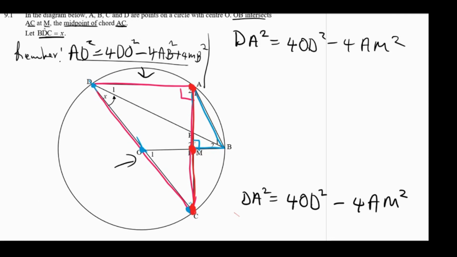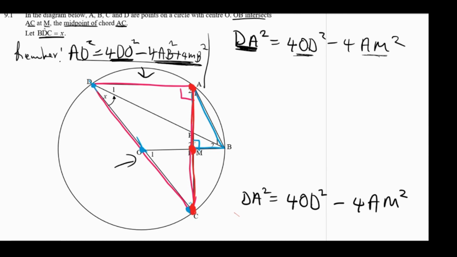So now we have AD, or DA rather, squared is equal to 4OD squared, which is this one here. We already covered that portion, but AM is not part of the equation, as you can see here. So there's no AM, so you need to substitute it with something. We know that AM belongs in both triangles. It also belongs to the small triangle, right?